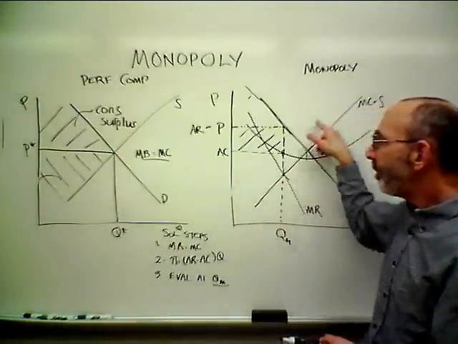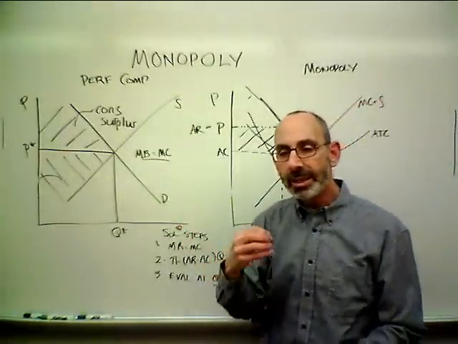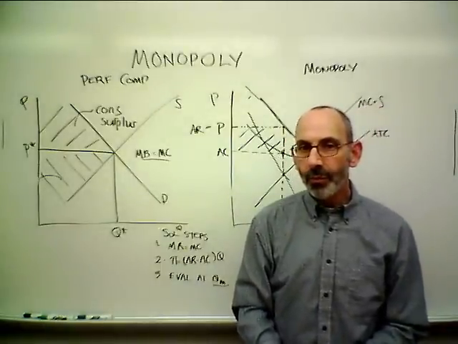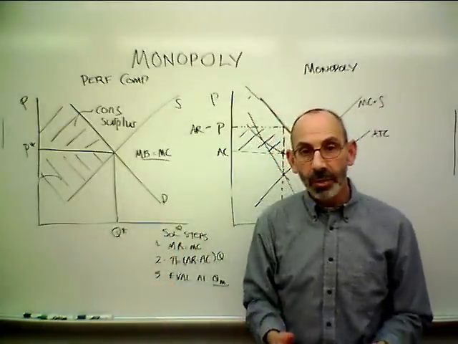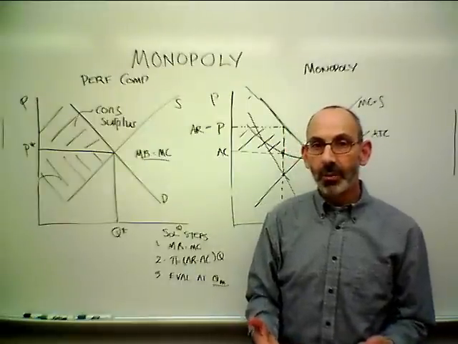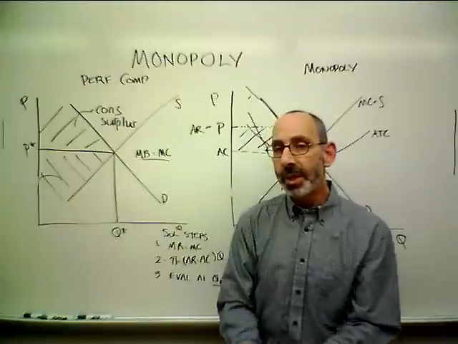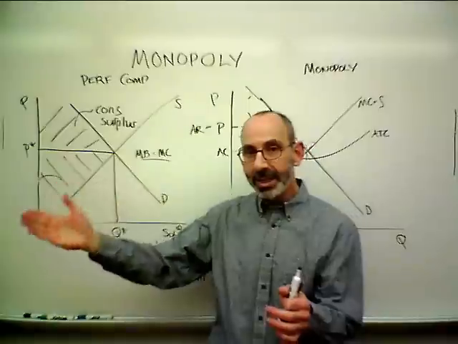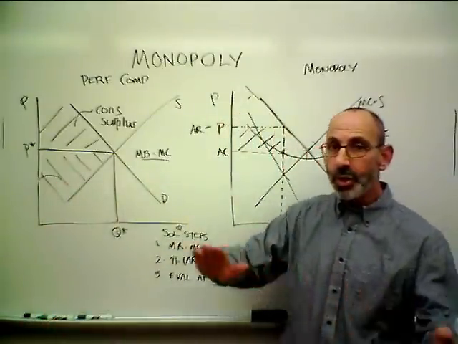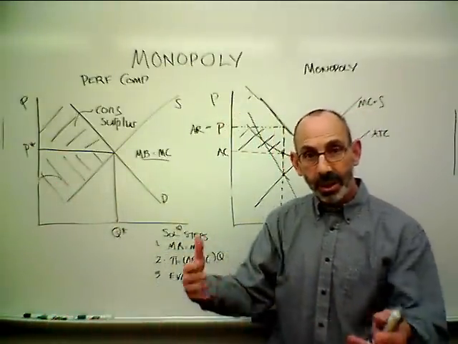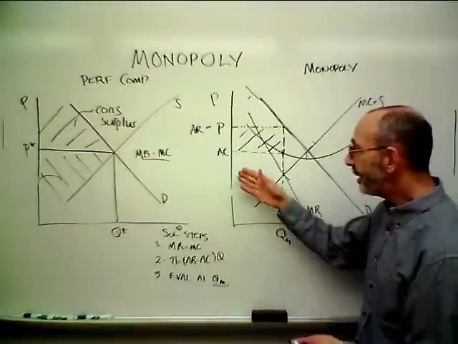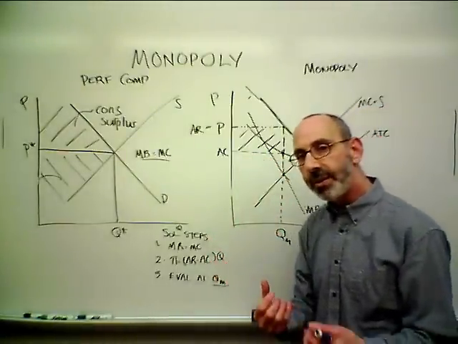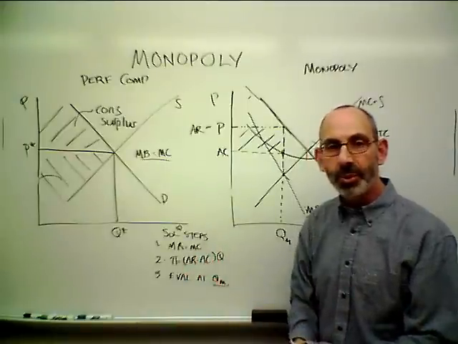So even though this firm meets the condition of marginal benefit equals marginal cost, it's not the same as a firm in a perfectly competitive market, for which the marginal firm would have zero economic profits, where the resources are being compensated exactly as much as their opportunity cost, exactly as good or as poorly as they could be used elsewhere, which is another way we could describe efficiency. In this case, no, these resources are being compensated above the level that they would receive if they were in another application producing something different.